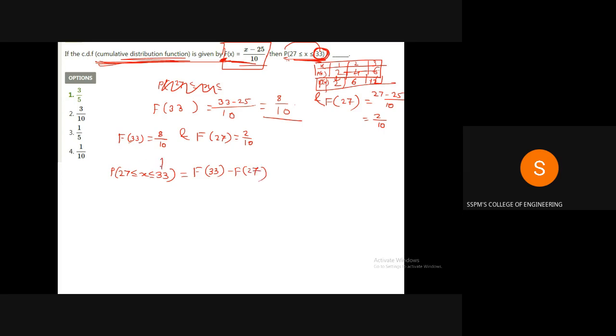We find the f of each and find the difference between them. So f of 33 is 8 by 10. F of 27 is 2 divided by 10. So the subtraction is 6 by 10. That is equal to 3 divided by 5. So that will be our correct option.